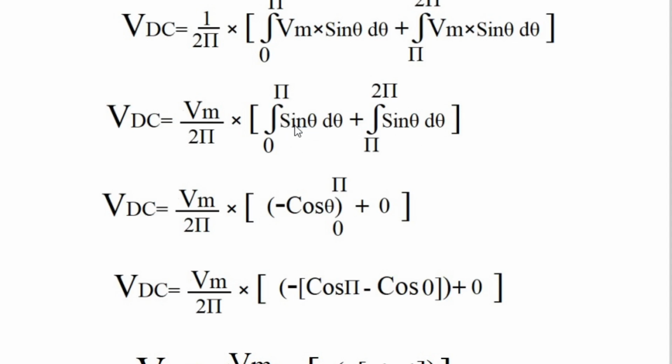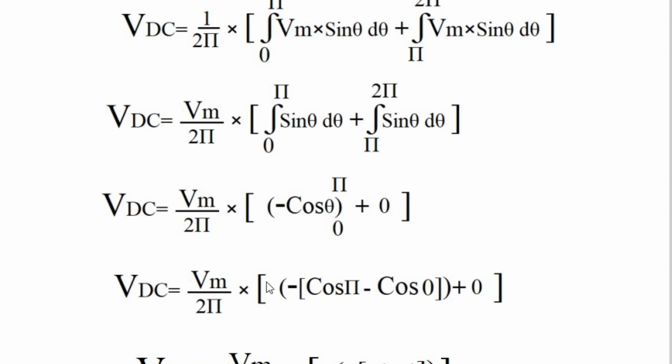So integration of sine theta d theta is minus cos theta, and the limit is 0 to pi. Now upper limit minus lower limit, but when you are performing this calculation, be careful. This is very simple.